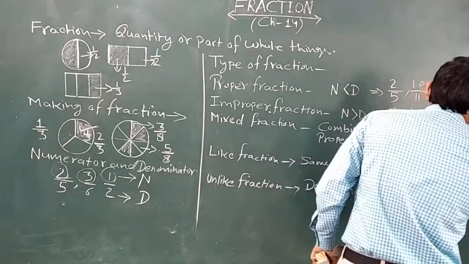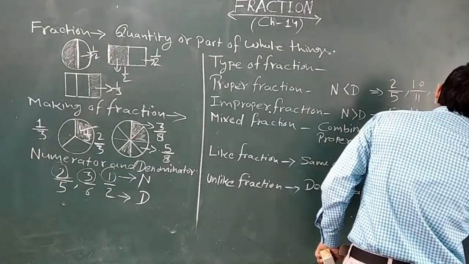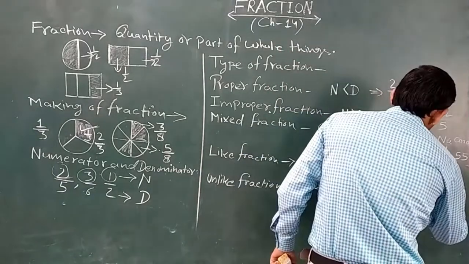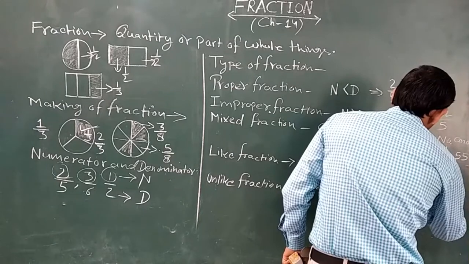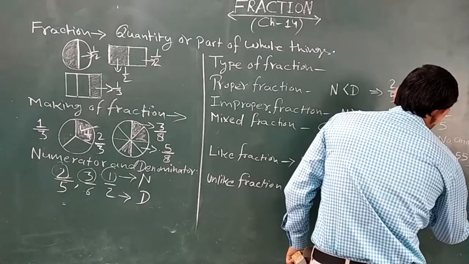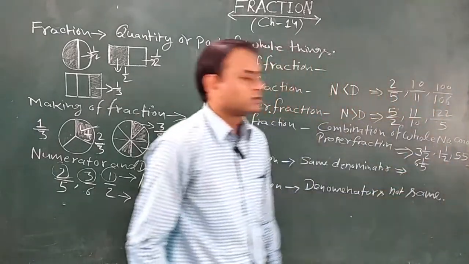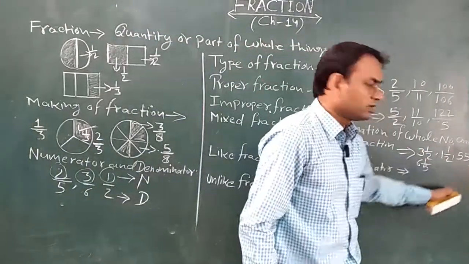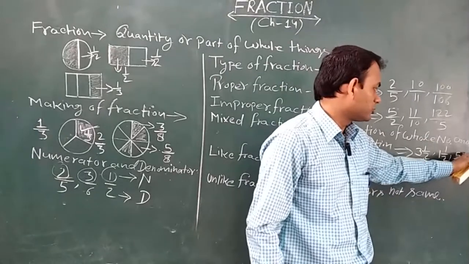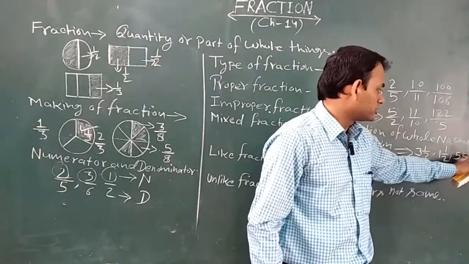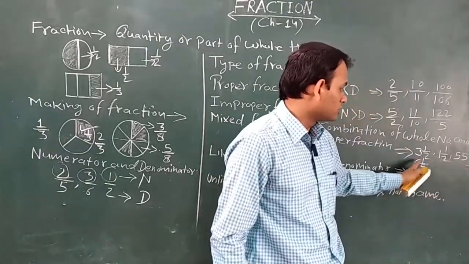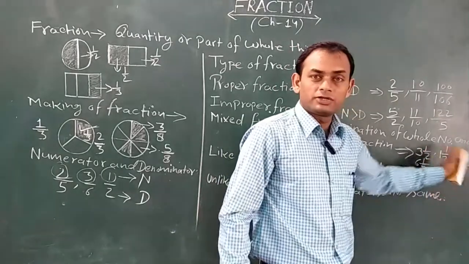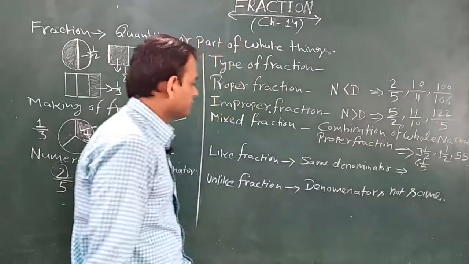Now 55 whole 3 by 5. One more, 6 whole 1 by 5. This is also a mixed fraction. These all are called mixed fractions. These all are mixed fraction examples.